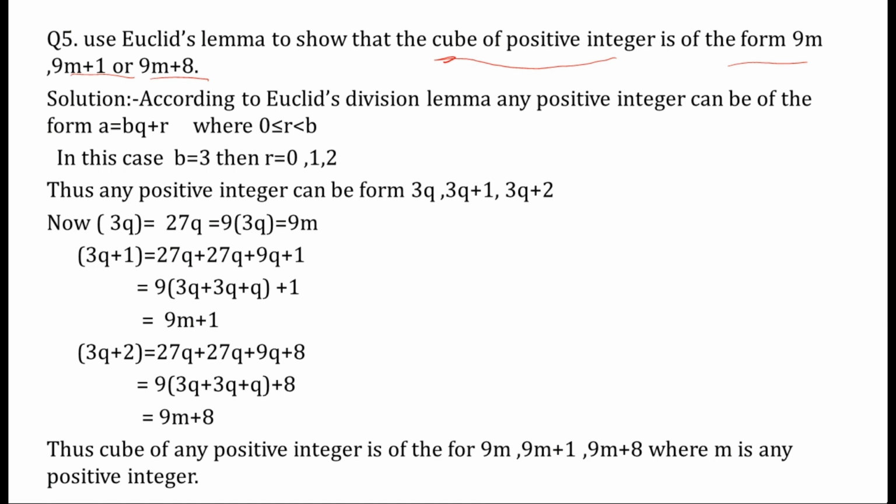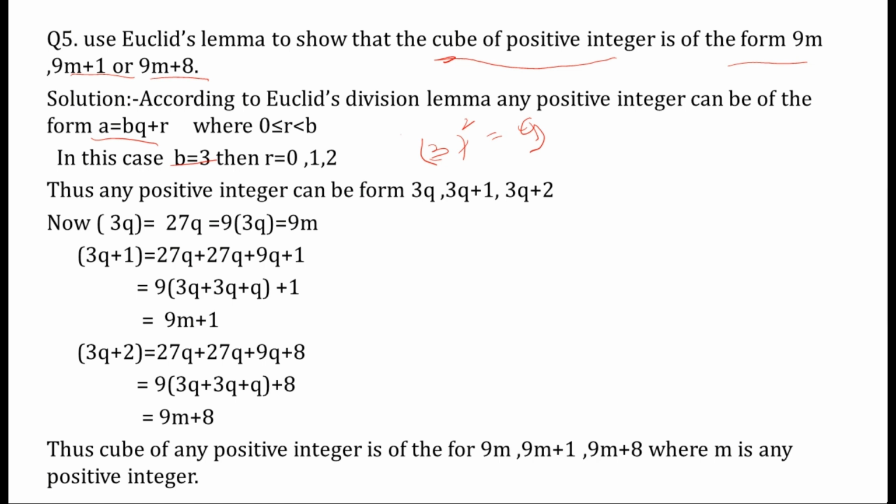Using Euclid's division lemma, a = bq + r, where r lies between 0 and b. Here we take b = 3, because the cube of 3 is 9. Therefore we have taken b as 3, and the value of r is 0, 1 and 2.